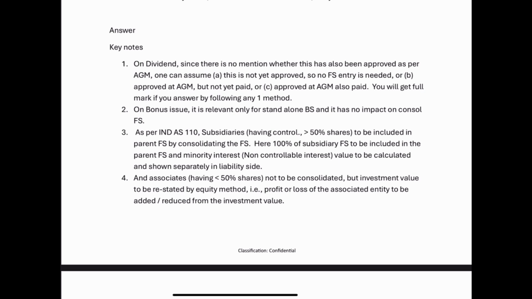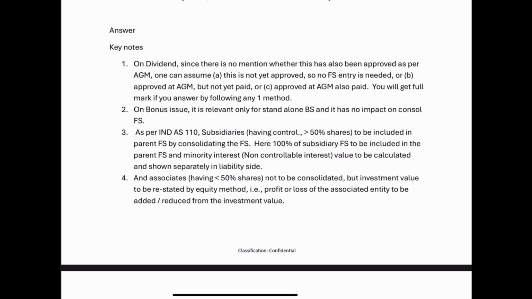For the financial year 23-24, the AGM will generally happen sometime in October or November 2024. But whether the AGM has happened and approved it is silent in this question.